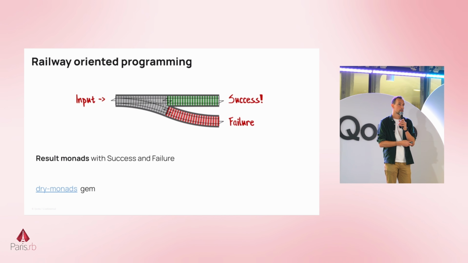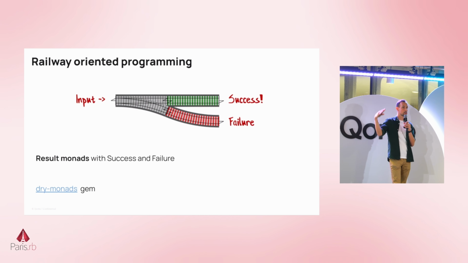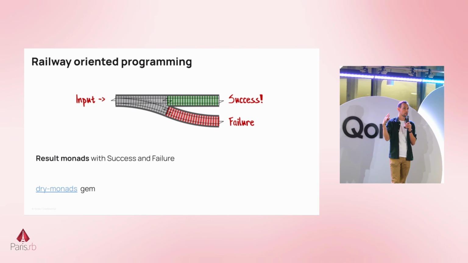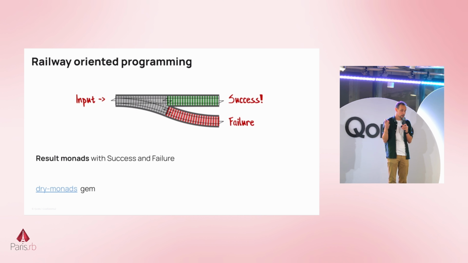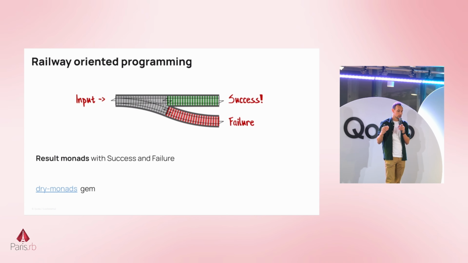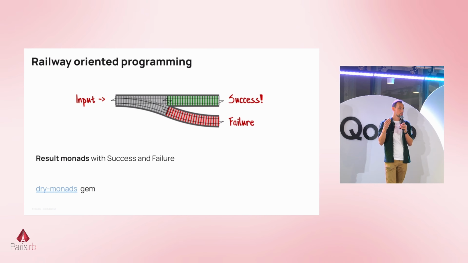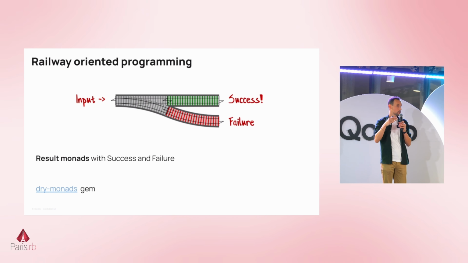The idea is that usually when we build something, we always think about the happy path, and we never think about the unhappy path. So if things go wrong, we don't have good ways to handle them. The nice thing about this railway-oriented programming mindset is that it forces you to build something to handle both the success and the failures.